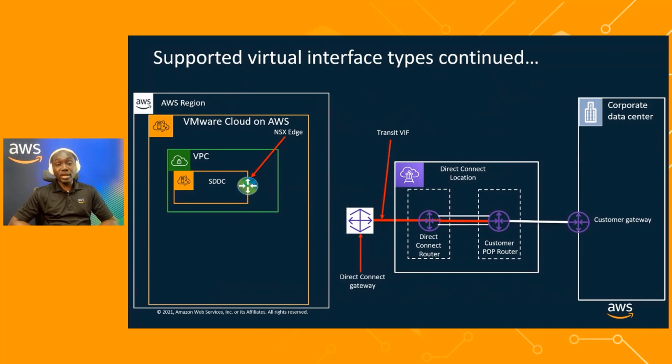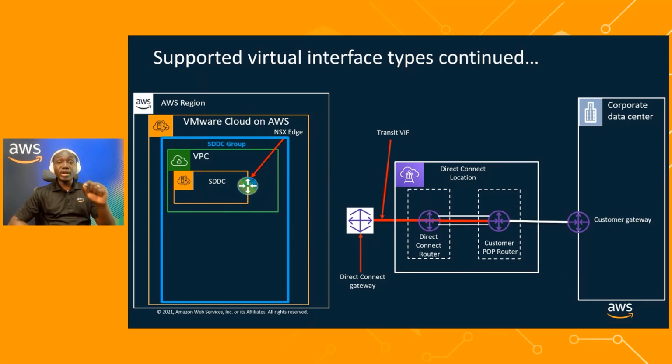As you can see from the screen here, if you want to connect to multiple SDDCs, this is when you need a transit virtual interface, and a transit virtual interface can do the job. So how do we pull it off? We introduce something we call SDDC grouping. The concept of SDDC grouping allows you to group SDDCs together, attach them to a VMware Transit Connect, and route traffic between them.